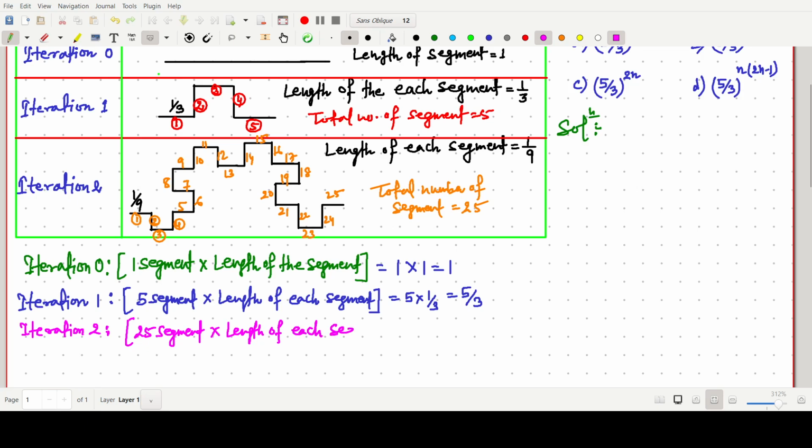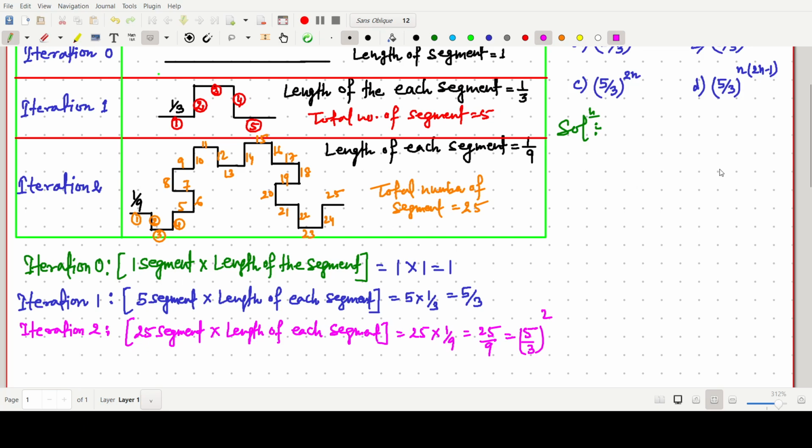The length of each segment is given as 1 by 9. So it should be 25 by 9, which one can write as 5 by 3 whole square.